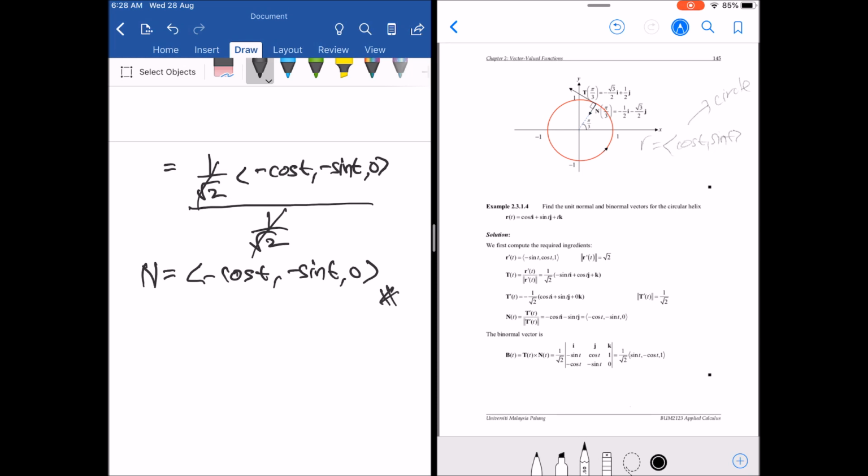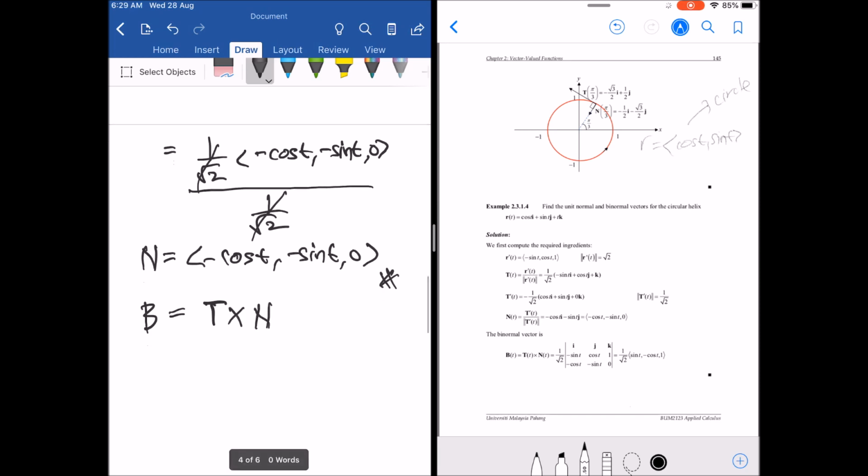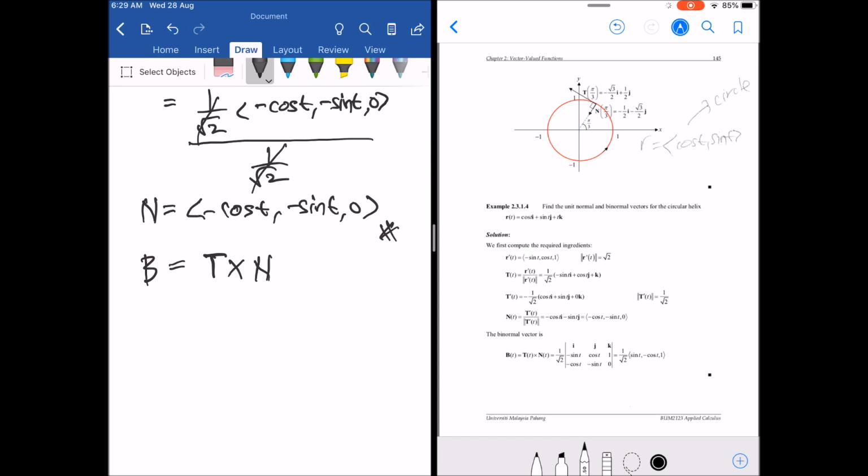So the question asks you further to find the binormal vector, which is B. We have two different formulas to find the binormal vector. Since we already have our T and our N, we'll use the cross product of the tangent vector and the normal vector.